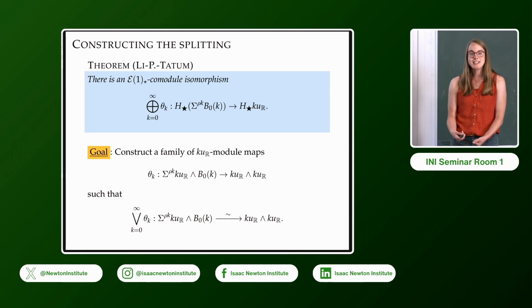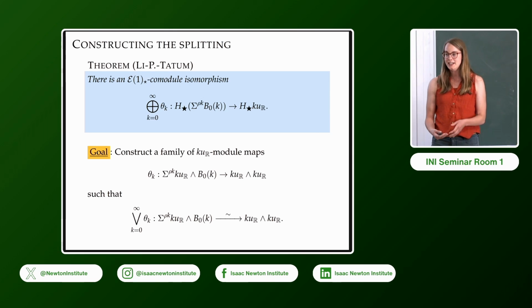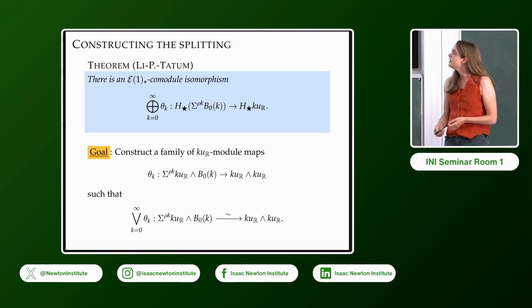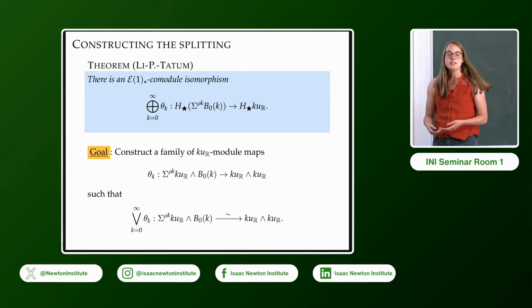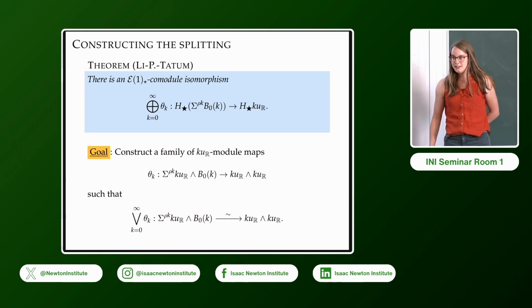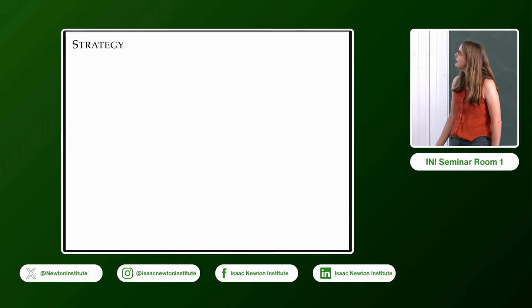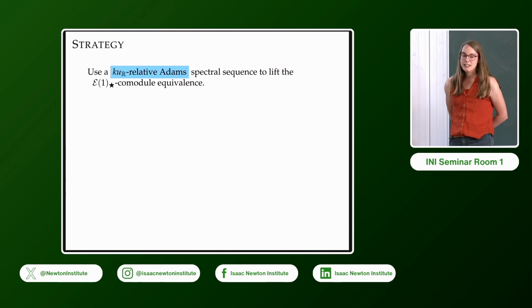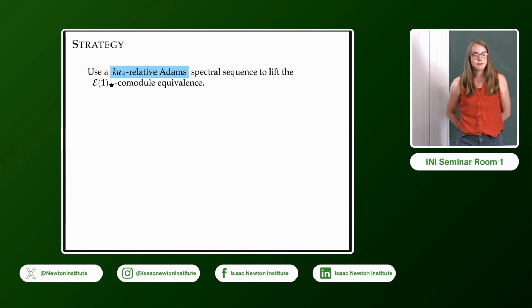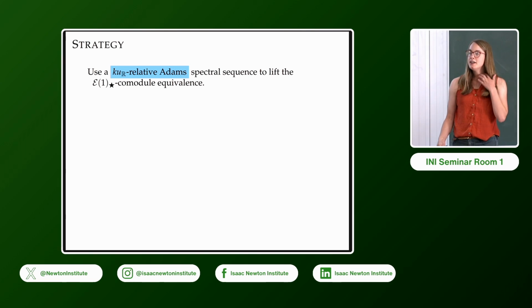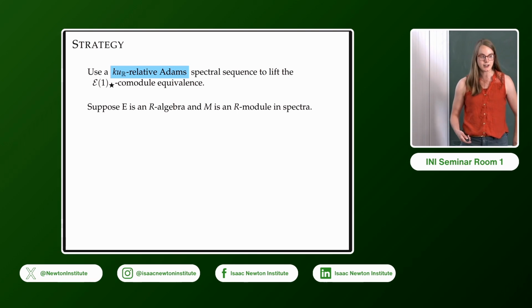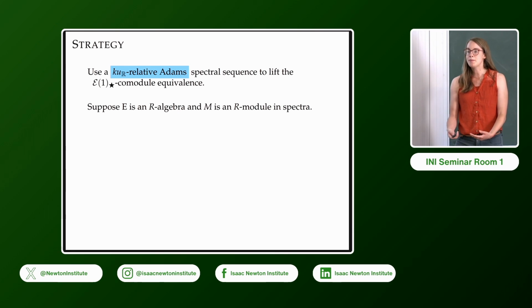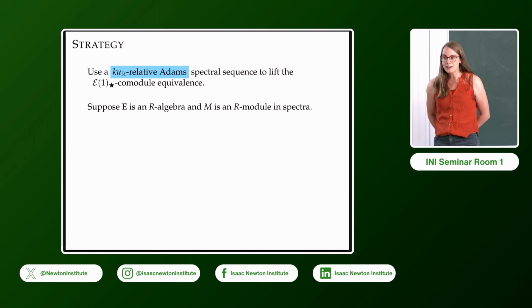So, given this E(1) comodule isomorphism, our goal is going to be to construct a family of KU_R module maps such that we get our desired equivalences. And to do that, we're going to use a KU_R relative Adams spectral sequence to lift the E(1) comodule equivalences to the level of spectra. So just a reminder about relative homology.